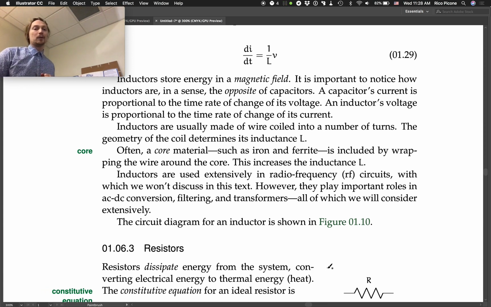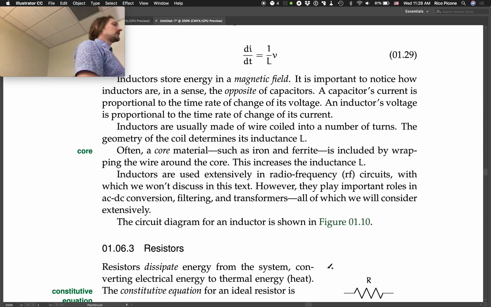However, they play an important role in AC to DC conversion, filtering, and transformers, all of which we will consider extensively. Although we aren't going to use inductors in our AC to DC converter, you can use them. We're using a relatively straightforward way of doing AC to DC conversion. You can get more exotic than what we're doing, but it works.